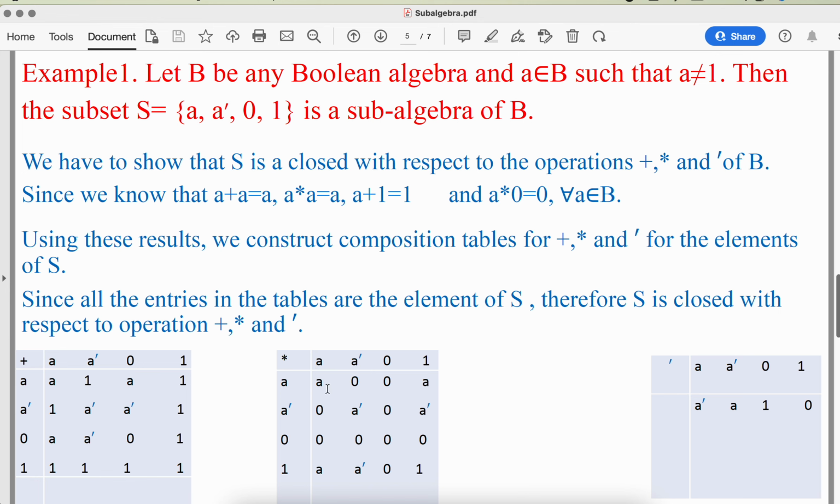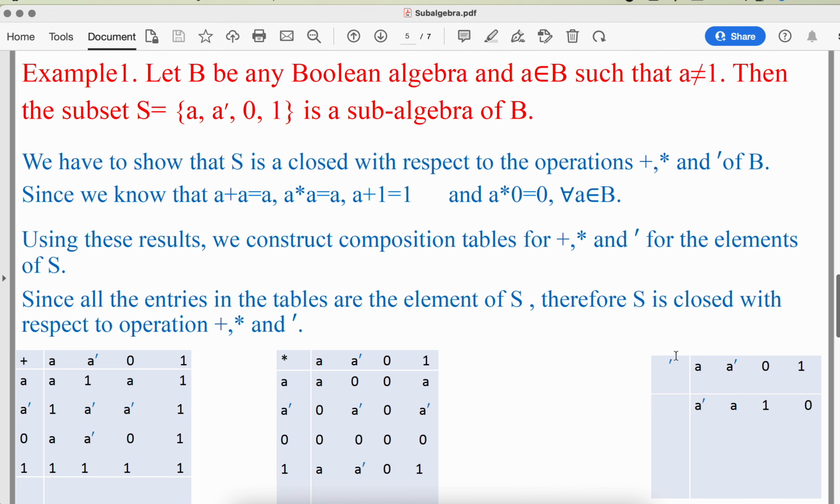A into A is A, A into A dash is 0, A into 0 is 0, A into 1 is A. A dash into A is 0, A dash into A dash is A dash, A dash into 0 is 0, A dash into 1 is A dash. 0 into A is 0, 0 into A dash is 0, 0 into 0 is 0, 0 into 1 is 0. 1 into A is A, 1 into A dash is A dash, 1 into 0 is 0, 1 into 1 is 1.